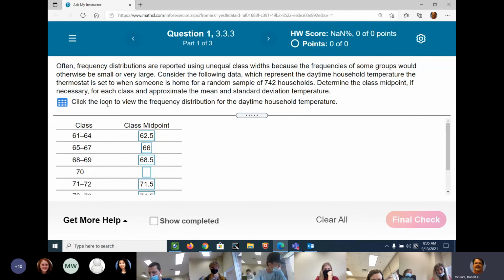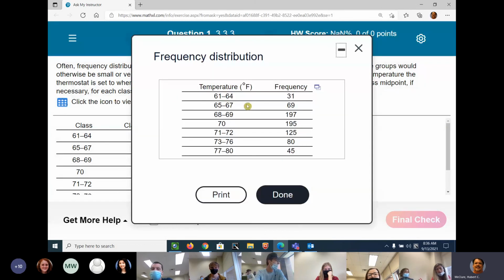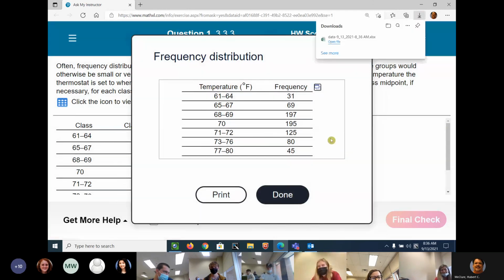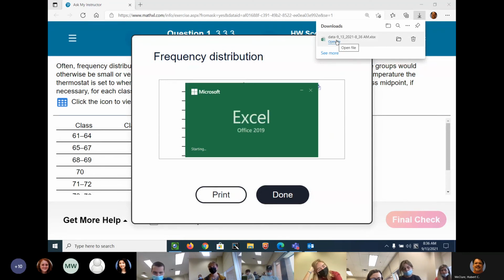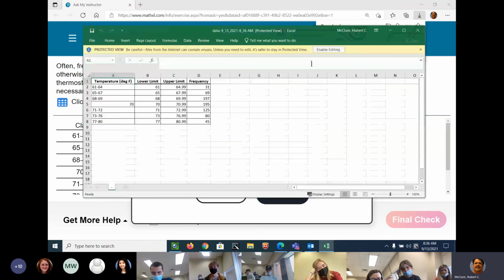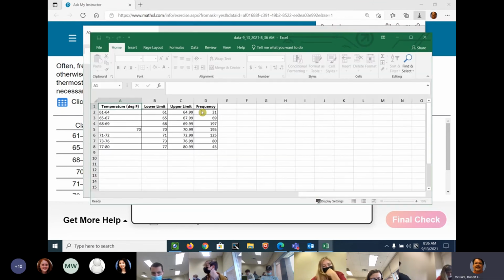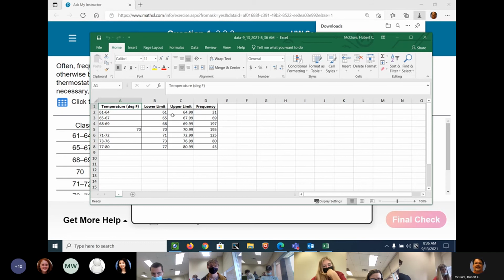Okay, let's go. It says all frequency distribution, so let's go to the frequency distribution. First of all, you've got to find the class midpoint.